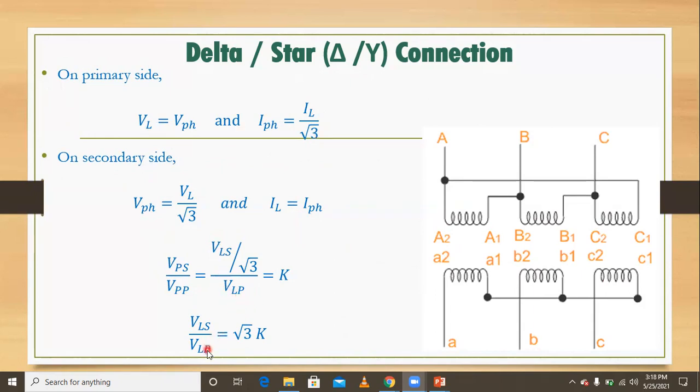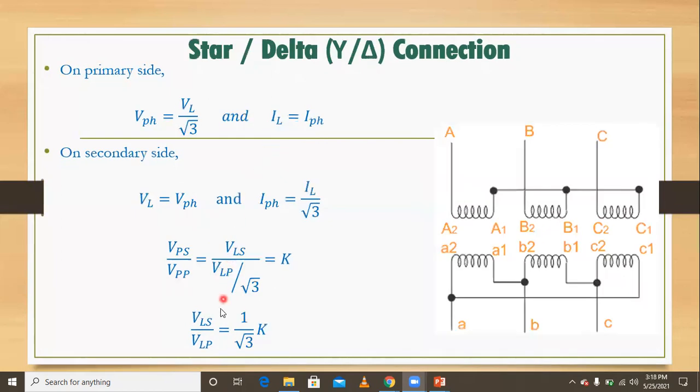So VLS divided by VLP is equal to root 3 times K. Understood? So this is the line turns ratio. The phase turns ratio is nothing but K. The phase turns ratio is equal to K, but the line turns ratio is not equal to K. The line turns ratio is equal to root 3 times K for delta star connection, and K by root 3 for star delta connection.